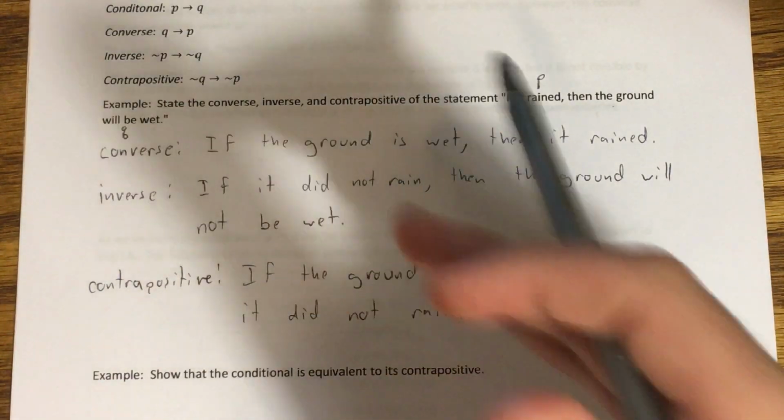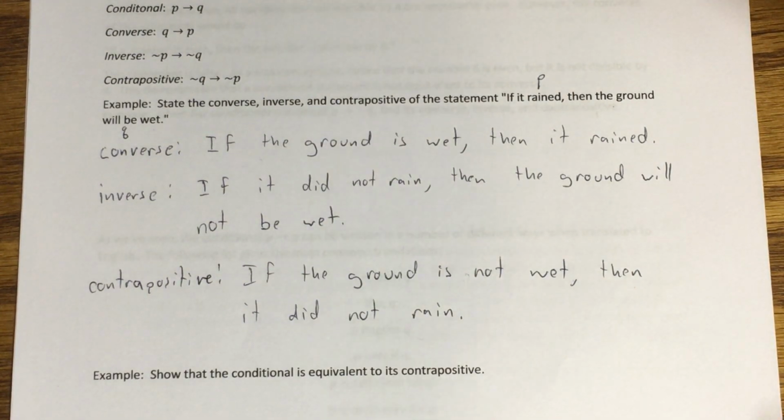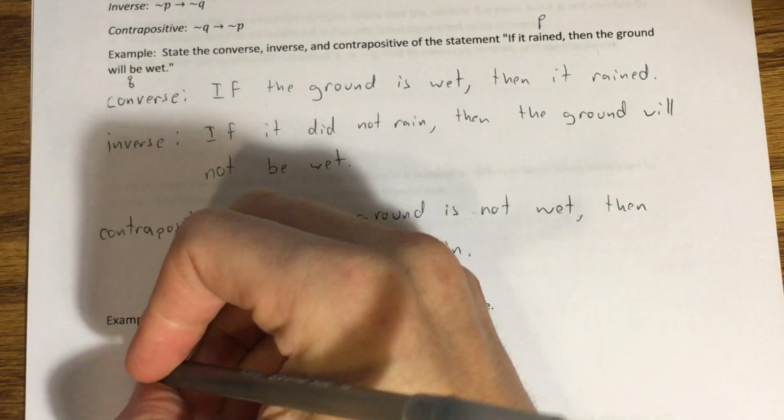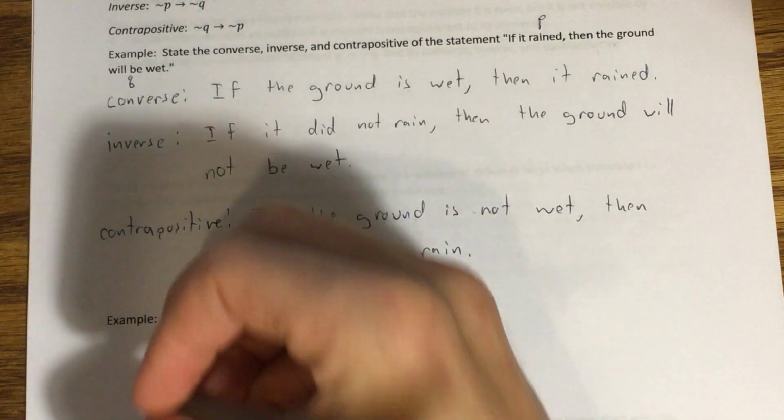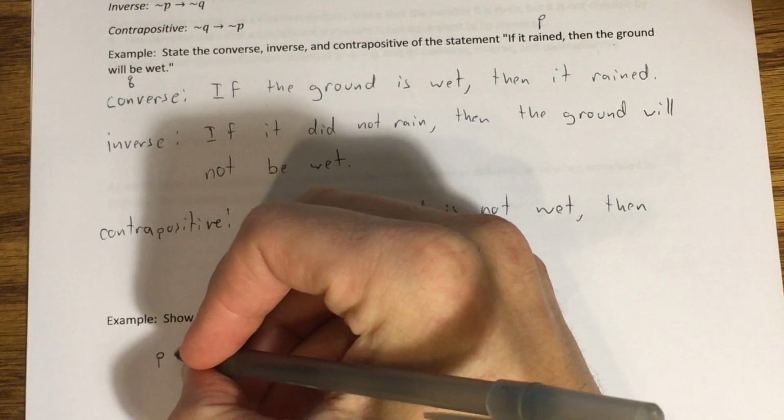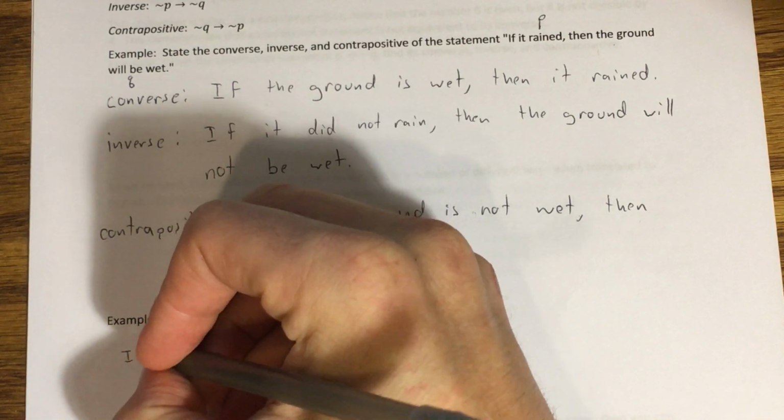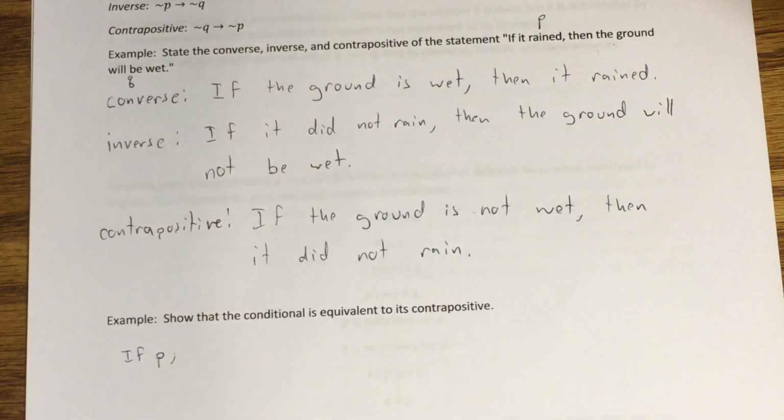We sort of made an argument here, but in order to show that two statements are equivalent, we need truth tables for them. So let's remind ourselves of what the truth table for the conditional is.